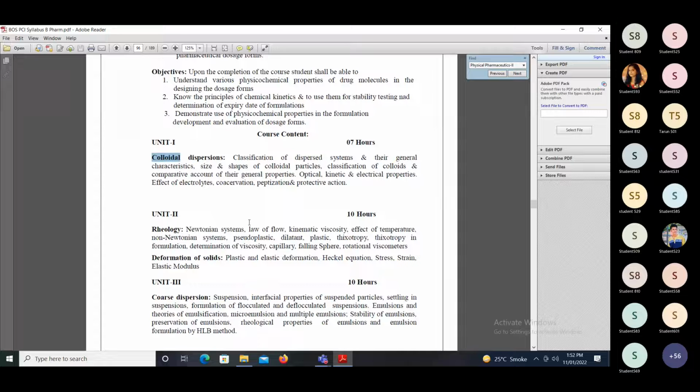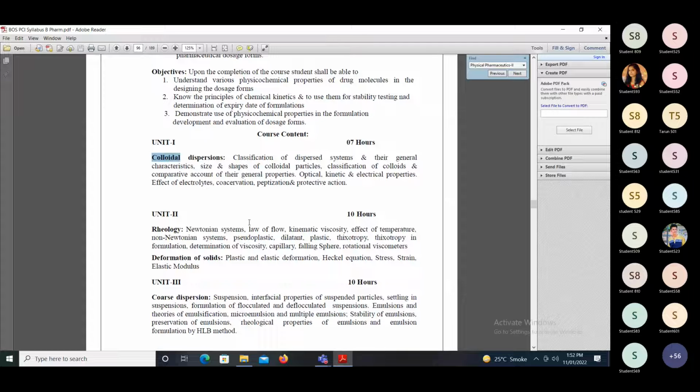There are different types of optical properties: first one is the Tyndall effect, second one is the electron microscope, third one is the ultramicroscope, and light scattering phenomena, which is determined by using these optical properties.